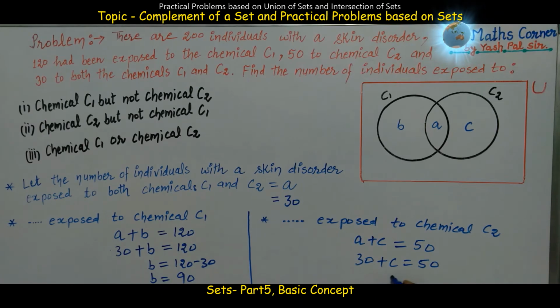From here the value of C is 50 minus 30, that is, this is equal to 20.